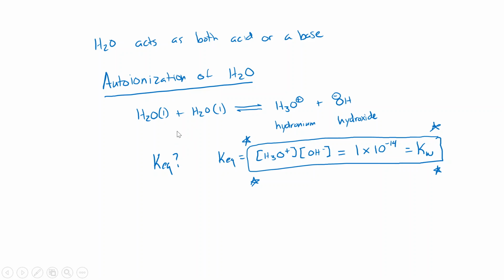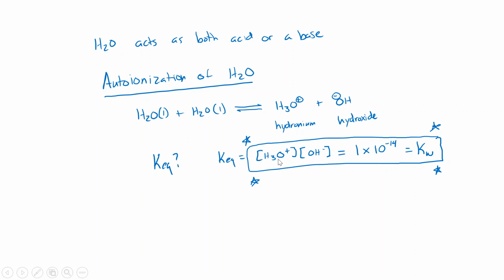Most of the time, if you have water, it's going to be water. You don't take a drink of a glass of water and say, wow, that's a lot of hydronium in that. At least I hope you don't, because that could result in some serious physical damage. But water is water for the vast majority of the time. There's a very small amount of hydronium and hydroxide in any solution of water.